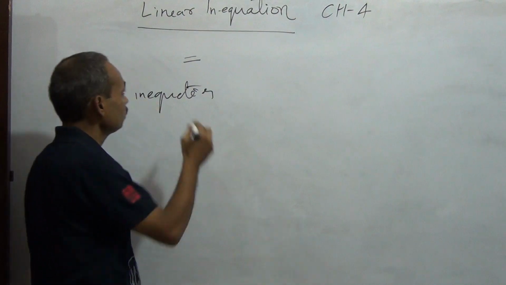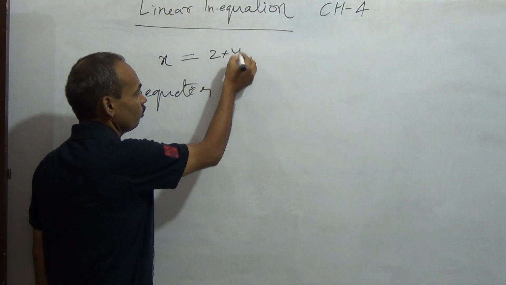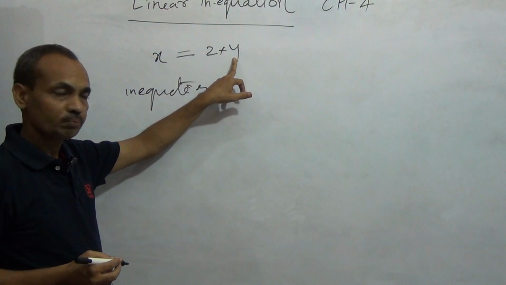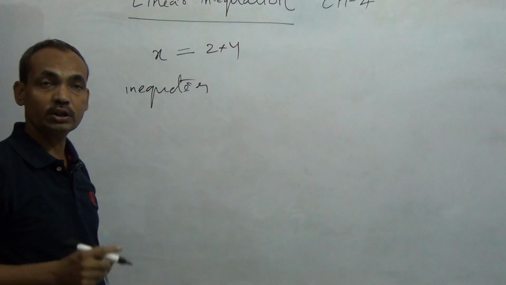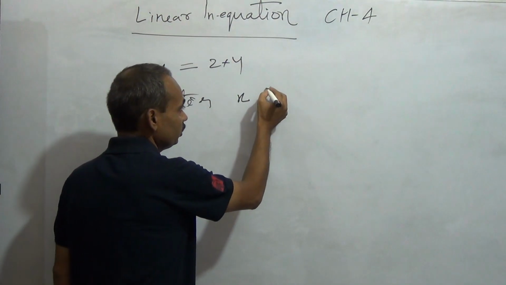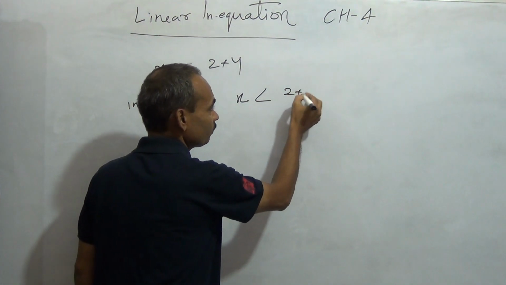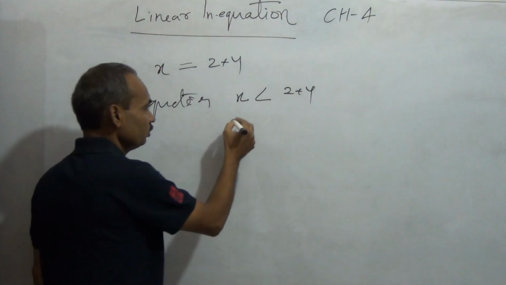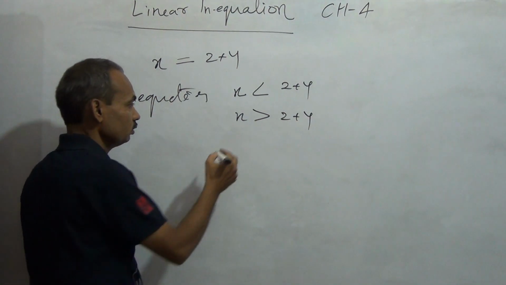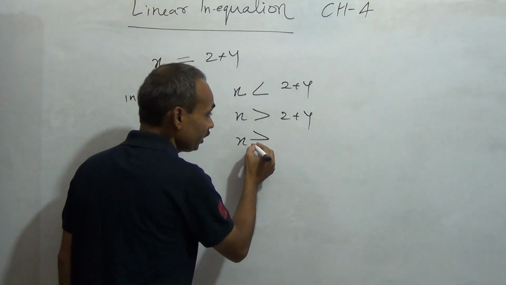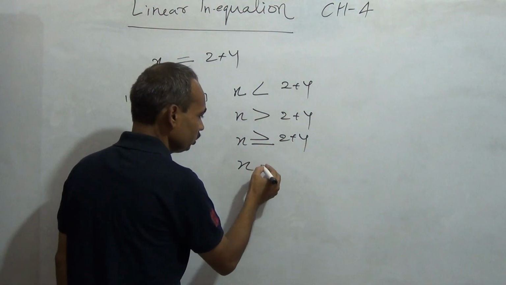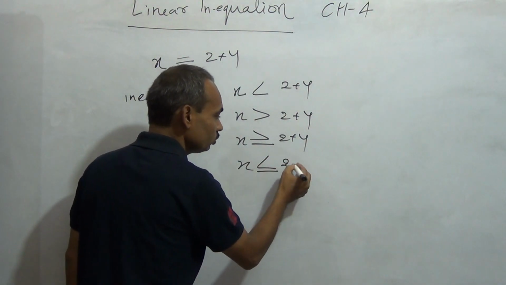You know that if x is equal to 2 plus 4, it means x is equal to 6. But in inequation, what are the conditions? x is less than 2 plus 4, or x is greater than 2 plus 4, or x is greater than or equal to 2 plus 4, or x is smaller than or equal to 2 plus 4.